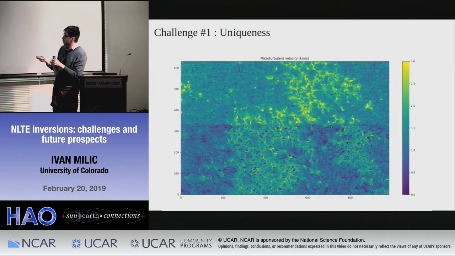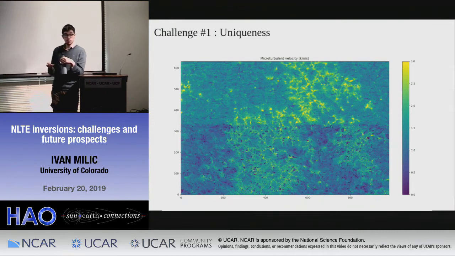This is the map of microturbulent velocity, which is something that we all use in order to explain missing line width. And in spectropolarimetric inversions, we still use it for almost all the lines. But as you can see here, these things caused me a bit of a problem. Because these two maps, due to the fact they were initiated from different initial conditions, converged to two different solutions.